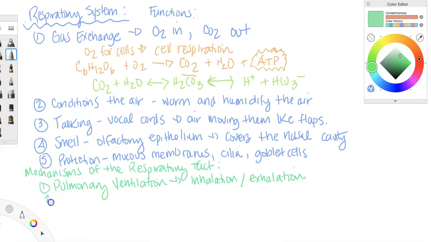All right. External respiration is where we get gas exchange. And this is where we get gas exchange between the lungs and blood.